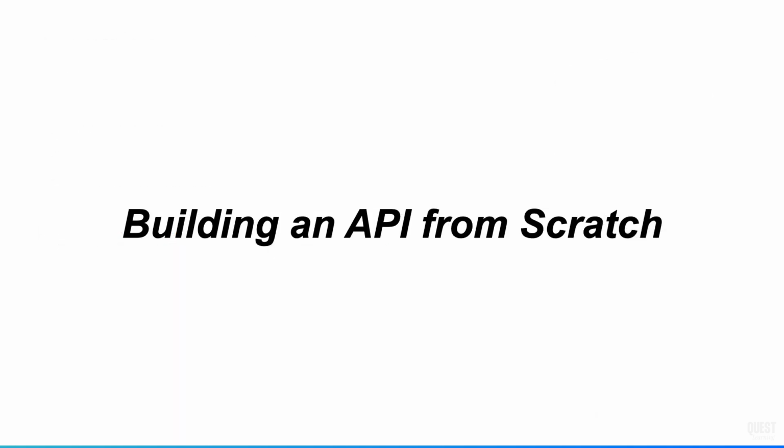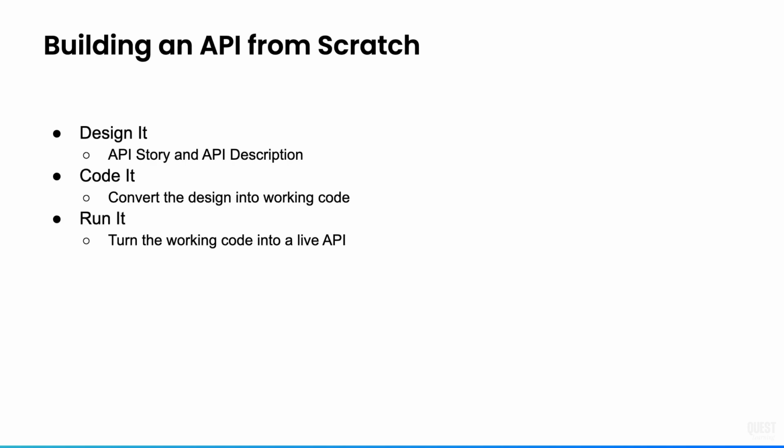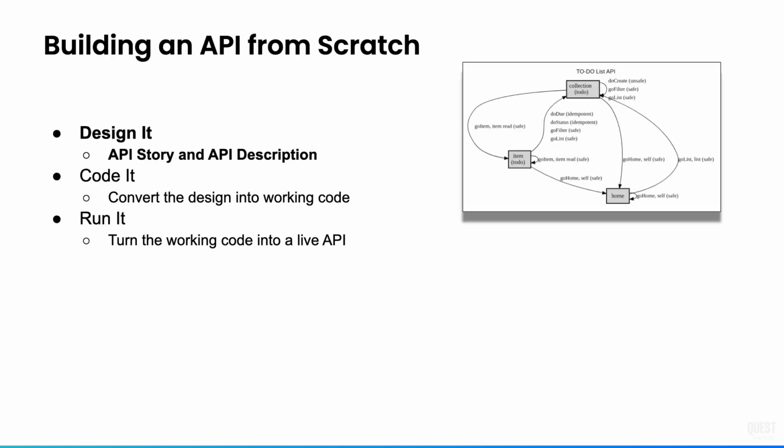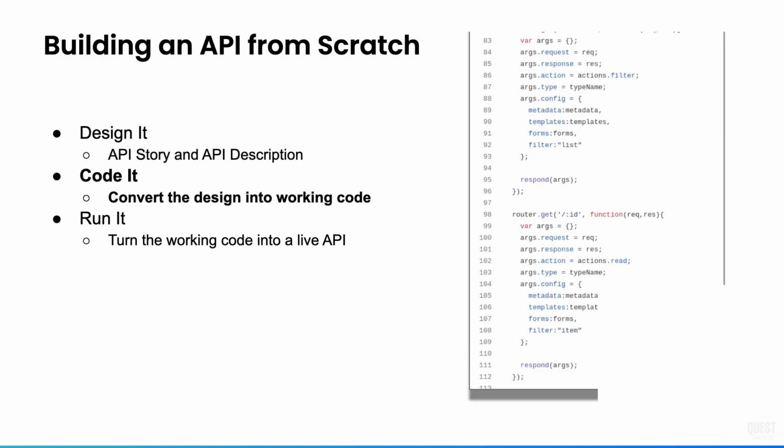Finally, we built an API from scratch to bring it all together. We focused on design, code, and run. We focused on the API story, API description, and created a diagram that everyone can use to guide as we put things together. We then converted all of those assets of stories, descriptions, and diagrams into working code using Express.js and the Dart framework.